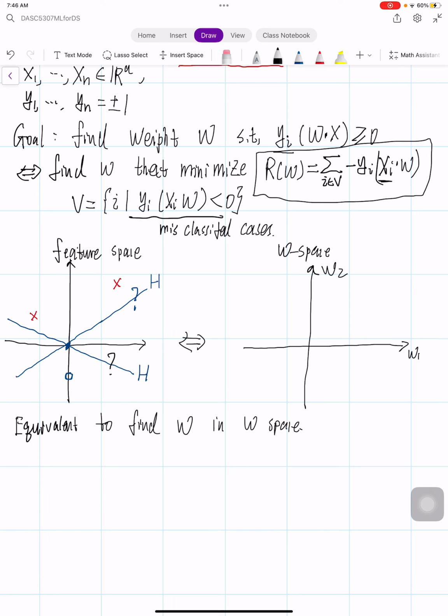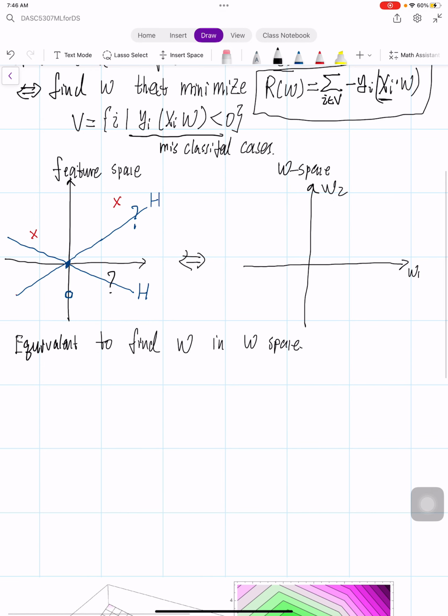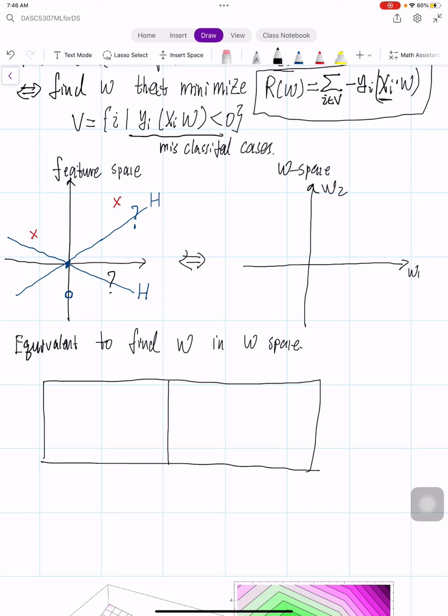Suppose you have the X space and you have the omega space. Given a fixed x, if x belongs to the decision boundary, okay.